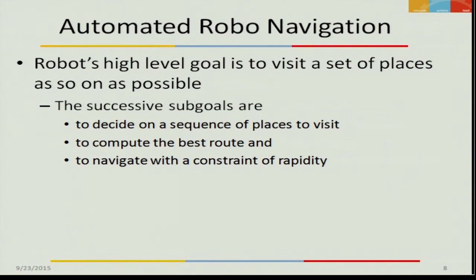So here one knowledge source could decide what is the set of places that one can visit, what is the best route, and how to navigate satisfying a set of constraints real fast. Plus there are many other sub goals, and then this control KS would possibly choose the best possible knowledge source here, and then use the output of these knowledge sources to decide the next path.